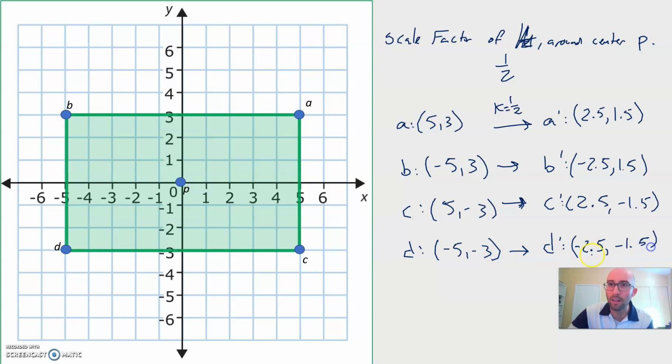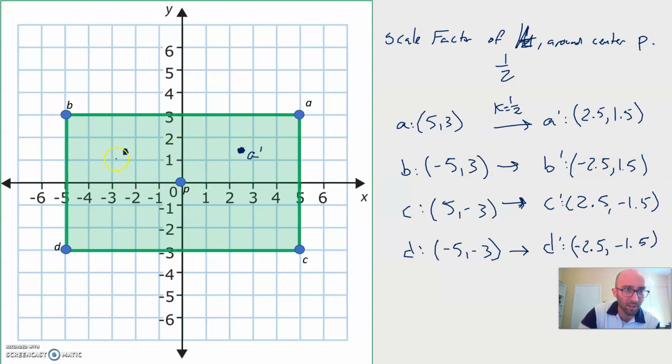All right, let's plot these coordinates. A prime, (2.5, 1.5). Watch how I do this. Go over to between 2 and 3, so that's 2.5, and go up 1.5, so between 1 and 2. It's okay that it doesn't land exactly on the grid. We're just plotting the coordinates as best we can. All right, B prime, (-2.5, 1.5). So -2.5 would be right here, up 1.5 would be here.